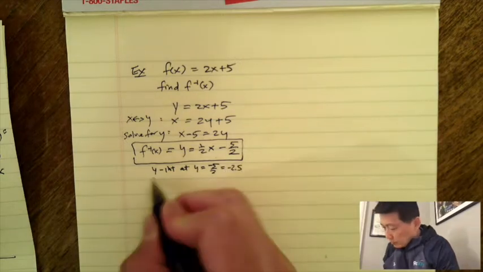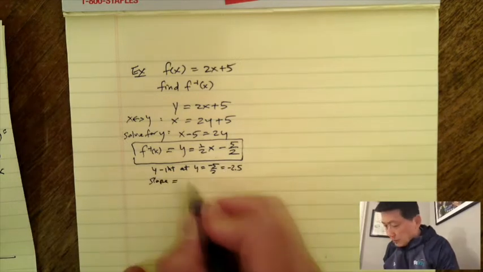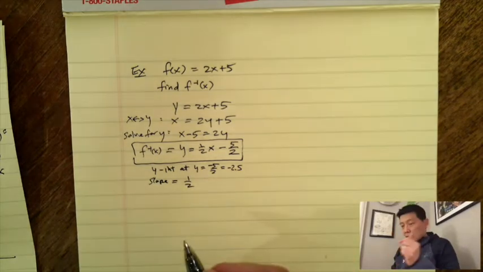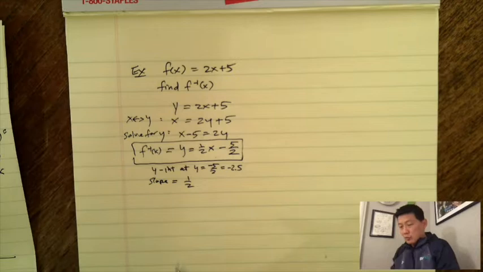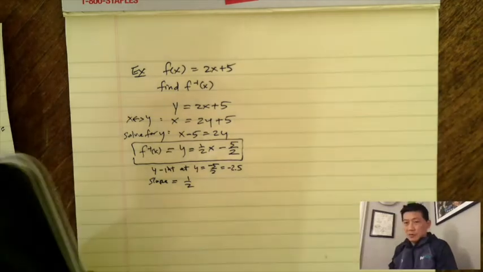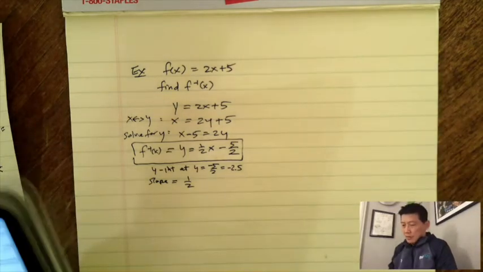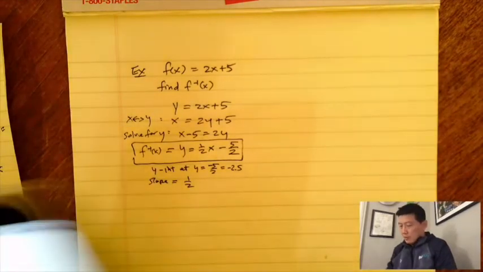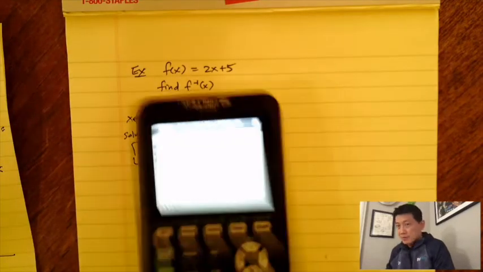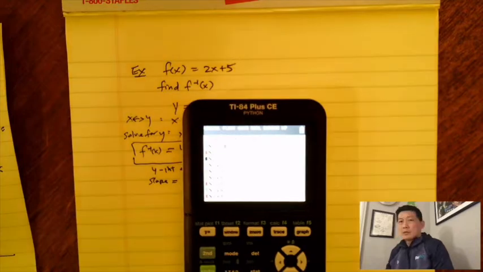And we know the slope is 1/2, which means it goes up 1 unit and goes over to the right by 2 units. Let me just use the calculator and show you how this will turn out.